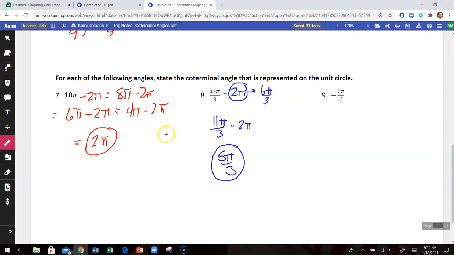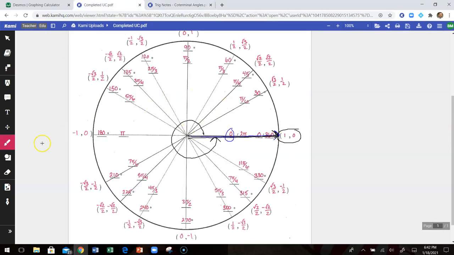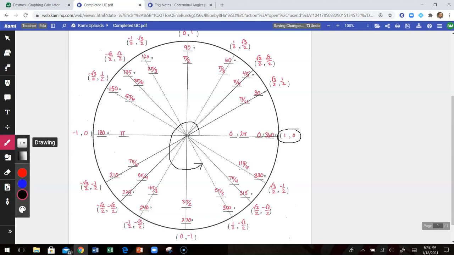Okay, so again, 17 pi over 3 is coterminal with 5 pi over 3. They're in the same location. 5 pi over 3 is this angle. Let me erase what I've got drawn on here already. 5 pi over 3 is the angle that starts at 0 and goes to there. 17 pi over 3, because I had to subtract 2 pi twice, actually goes all the way around twice and then to there.